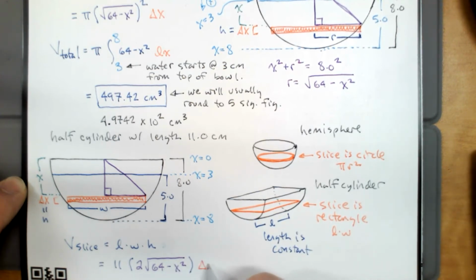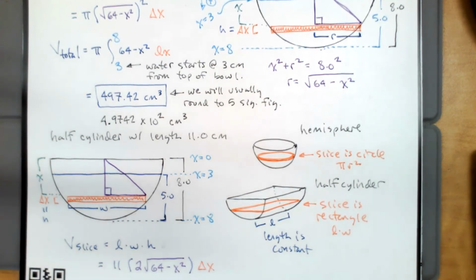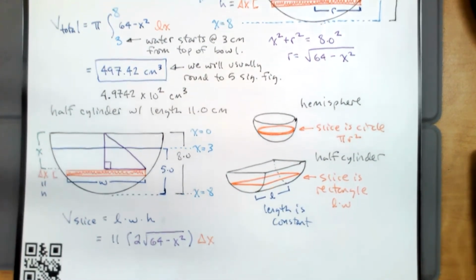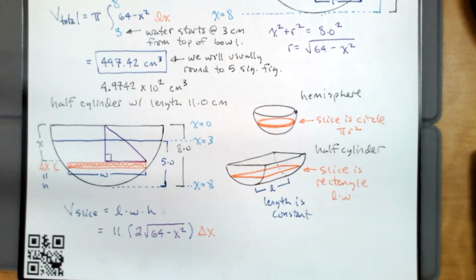And then the height is still delta x. So notice that the width is just 2 of the radius that I had from the previous problem. Any questions?